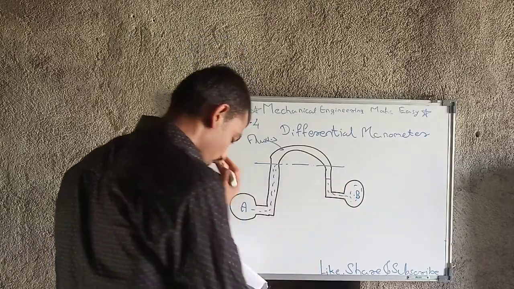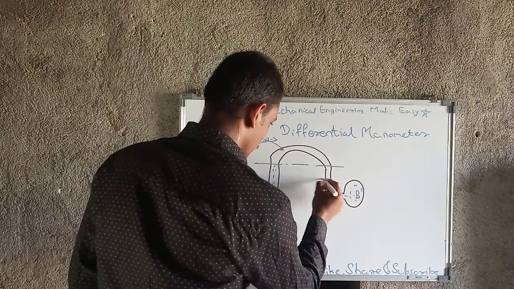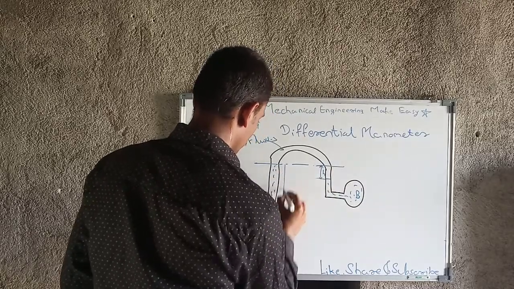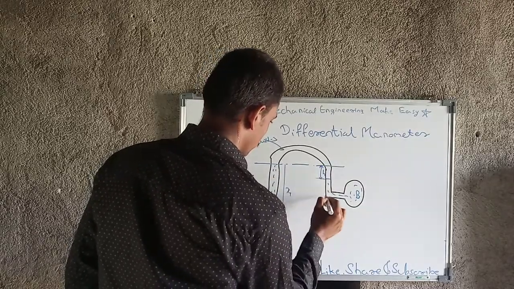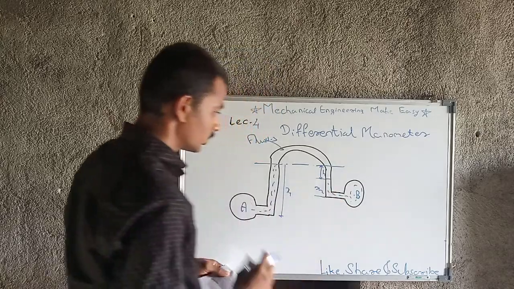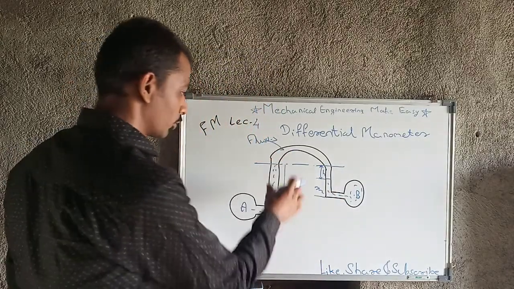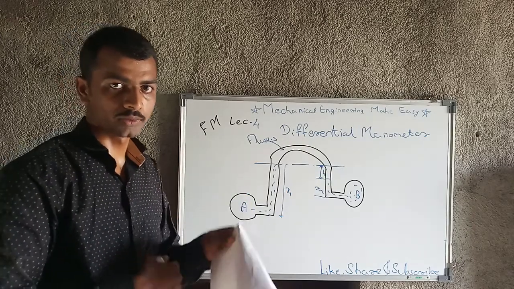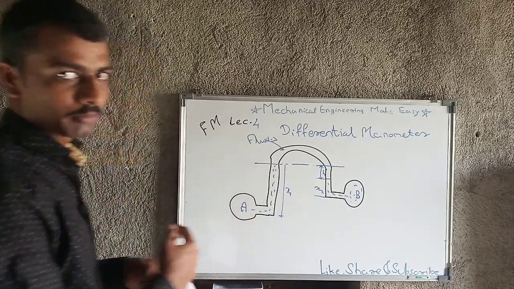So what are the parameters again, this is H, X1, X2, the same thing will be there. Only the manometer has changed its orientation from a U-tube manometer to an inverted U-tube. The other parameters are the same.